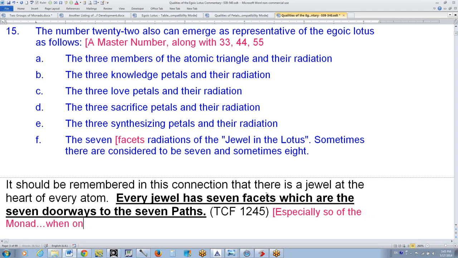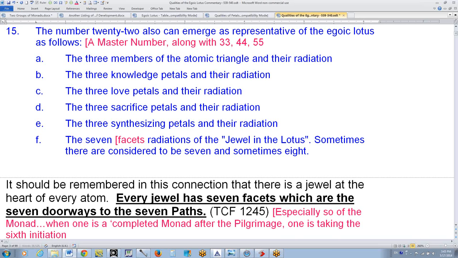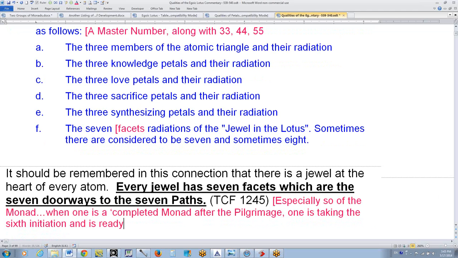Because when one is, what can we call it? A monad that has returned to itself, a completed monad after the pilgrimage, one is taking the 6th initiation and is ready to embark upon the way of higher evolution.